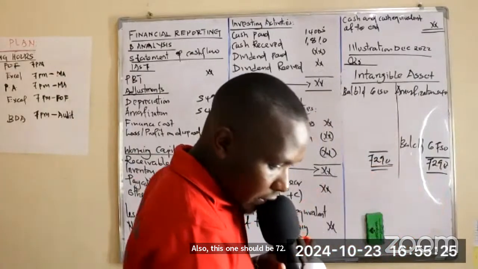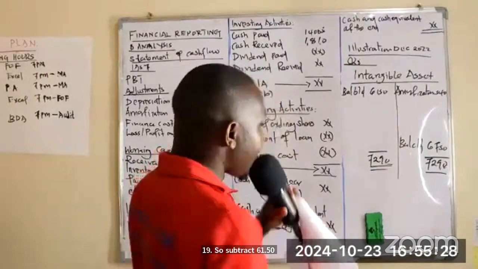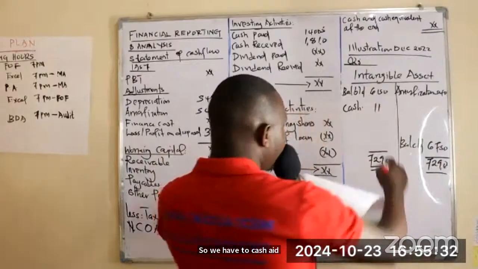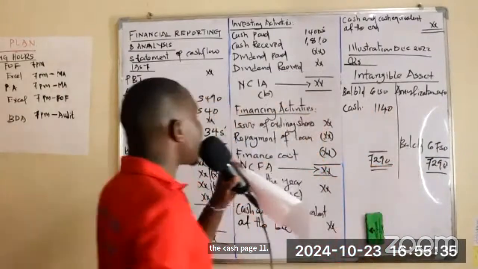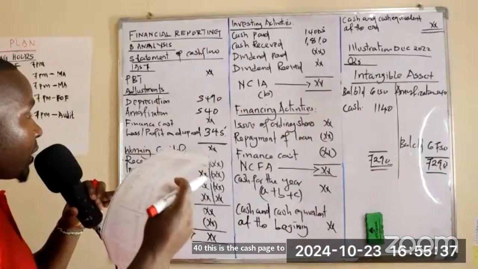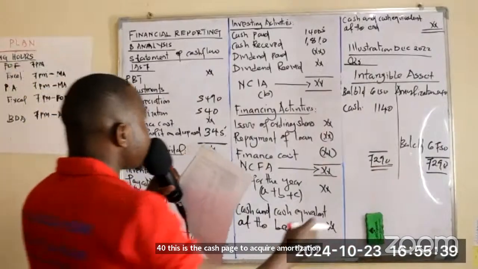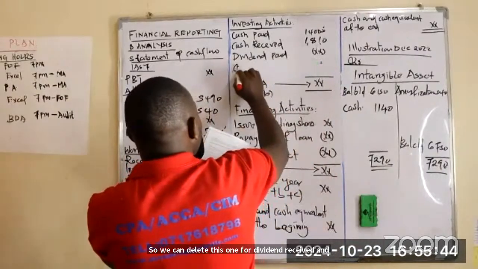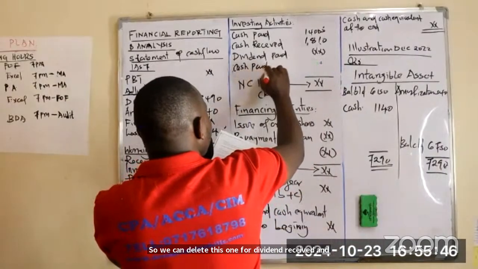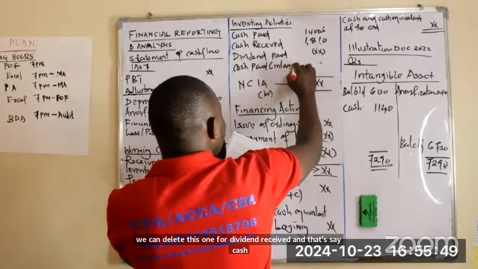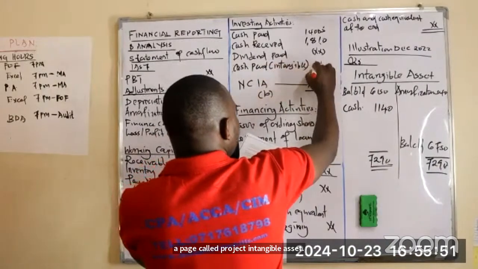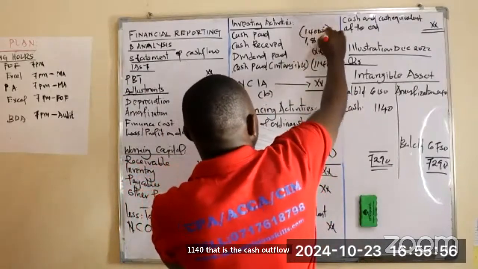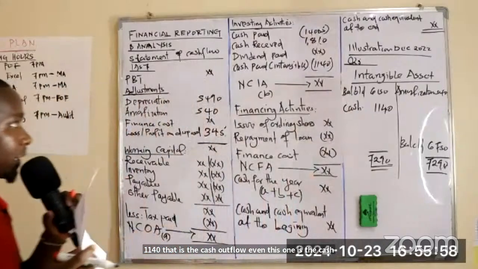So subtract 6150. So we have the cash paid, 1140. This is the cash paid to acquire intangible assets. So you can delete this one for dividend received and then say cash paid, bracket, intangible asset, 1140. That is the cash outflow. Even this one is the cash outflow. Put in bracket.